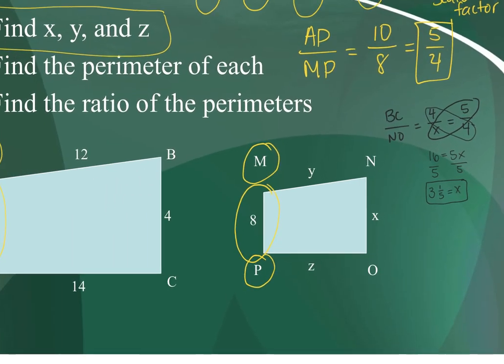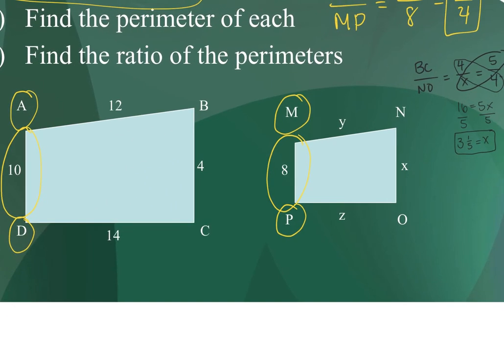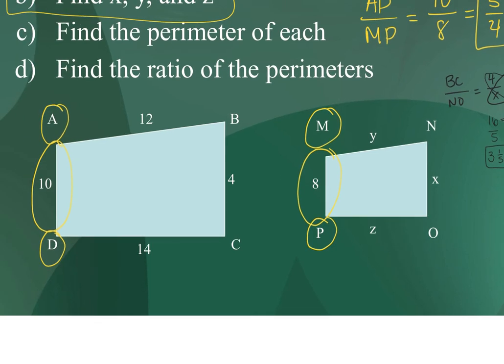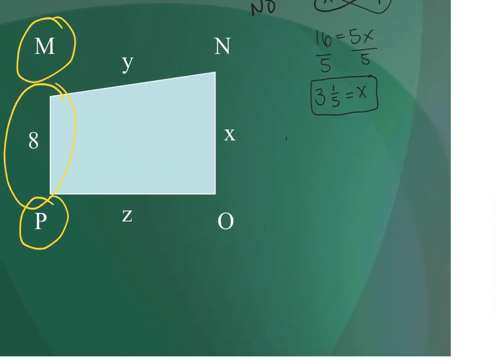Let's find Y. How do we set it up to find Y? 12 over Y equals? Yep. 12 over Y equals 5 over 4.